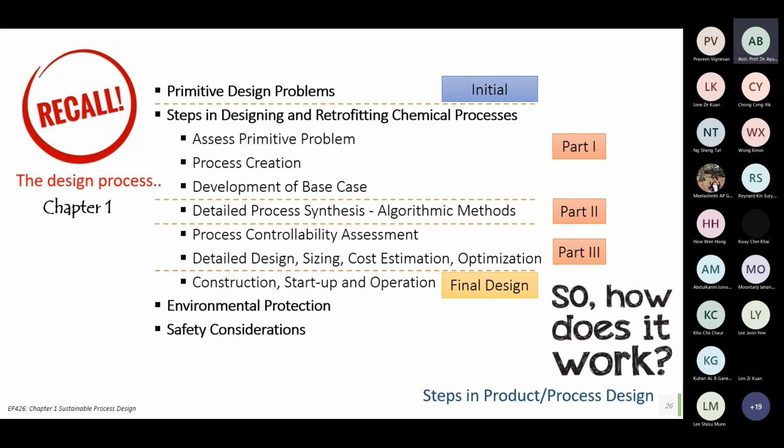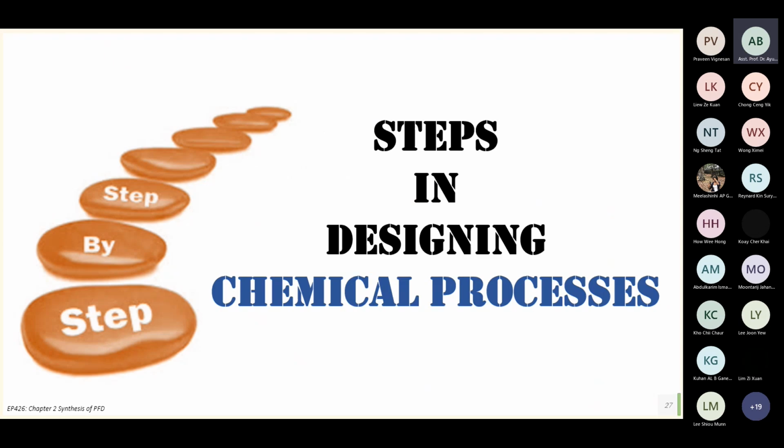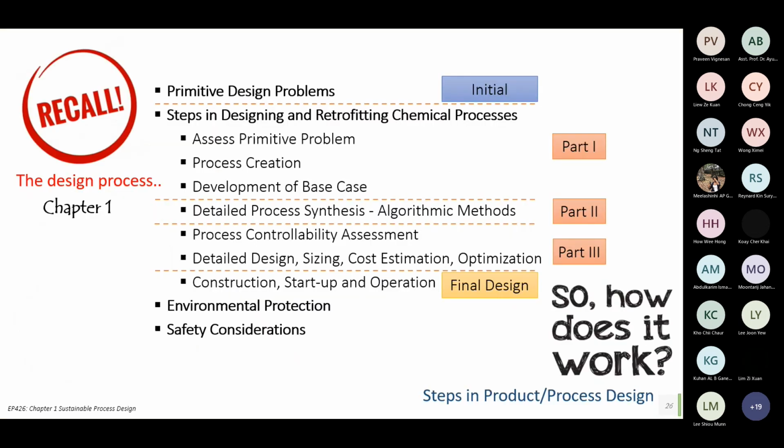Okay, so we start on the steps in designing a chemical process. We covered this in chapter 1 last time, the steps in product and process design, where we have the initial part, part 1, which involves assessing the problem, process creation and development of the base case.